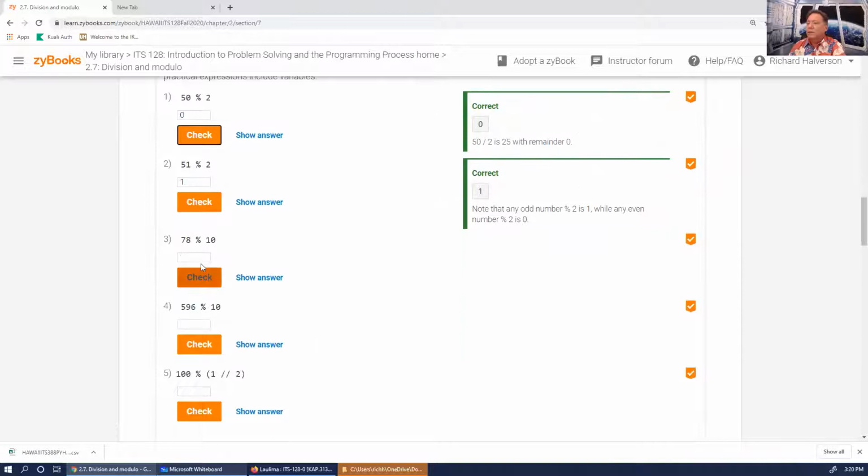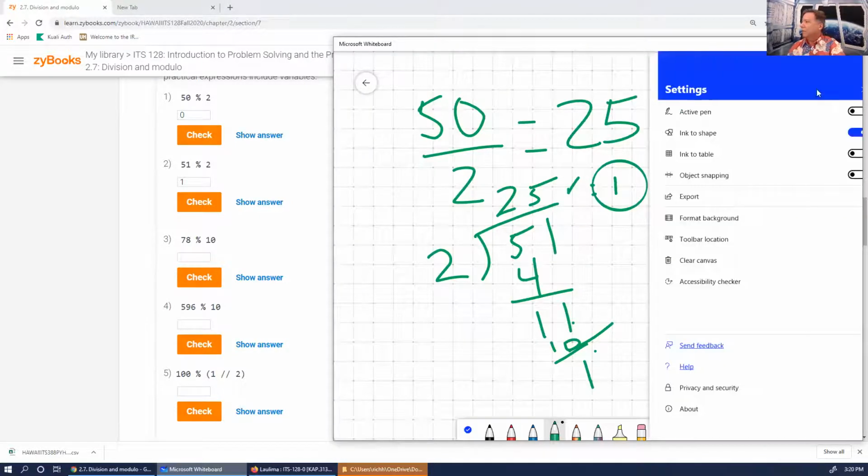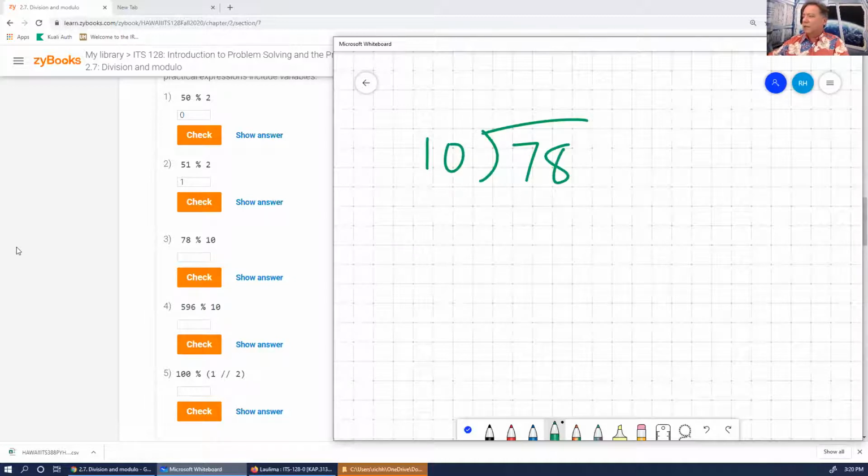Okay, so 78 mod 10, when it's divided by 10, it's easy. 78 divided by 10 is 7 times 10 is 70, and there are 8 left over, and so that's the remainder of 8.